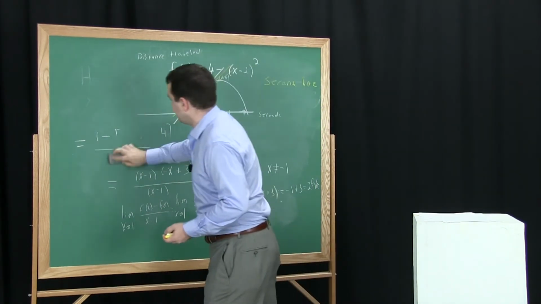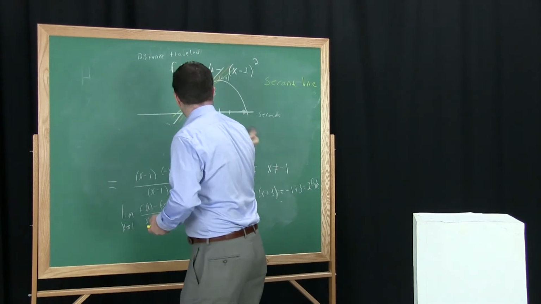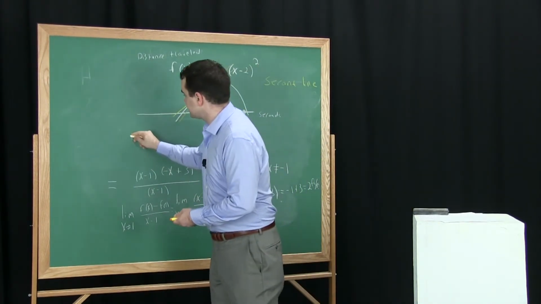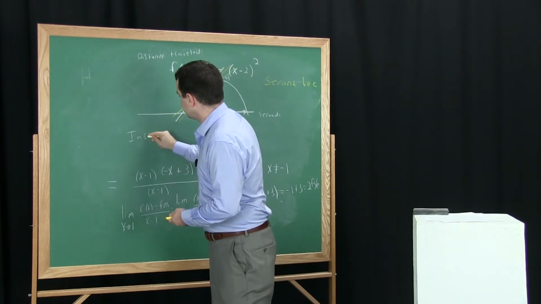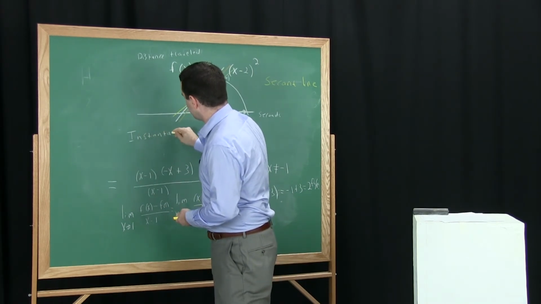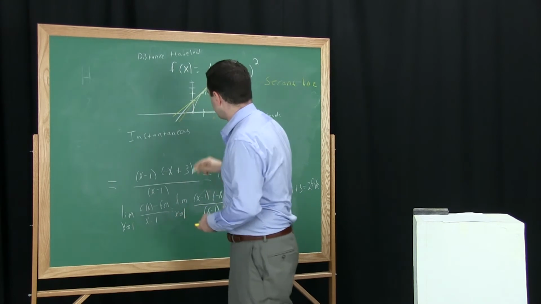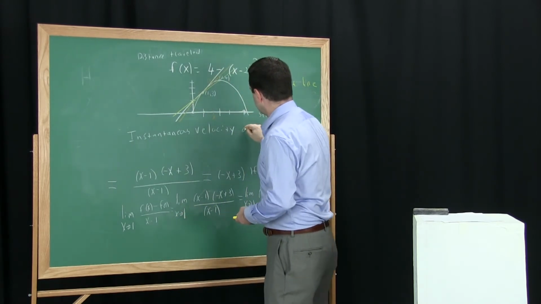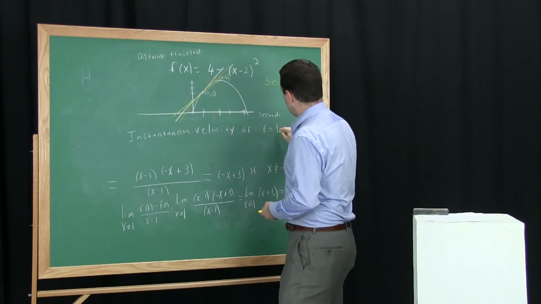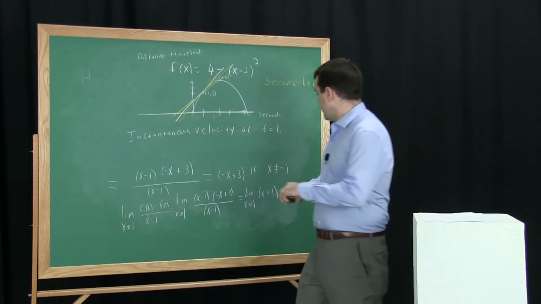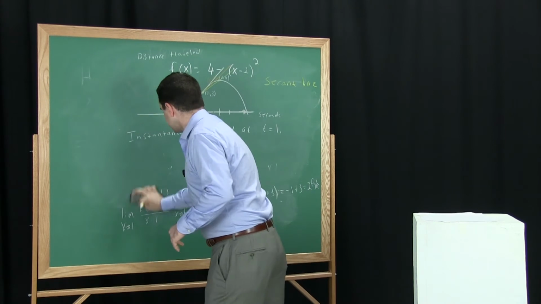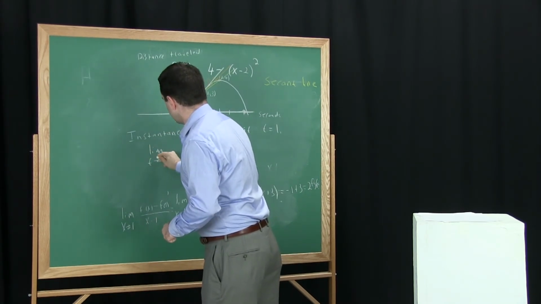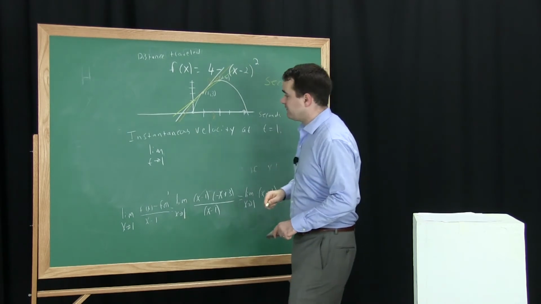So let me quickly put that together. In physics, we call this the instantaneous velocity at t equals 1. And what we define it to be is the limit as t goes to 1 of that average velocity.